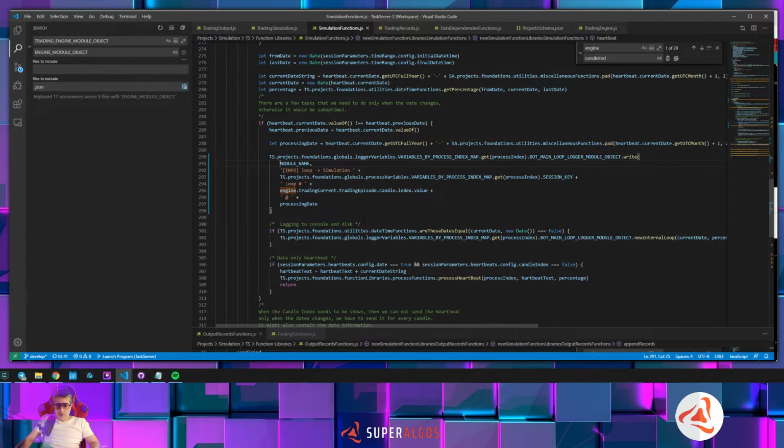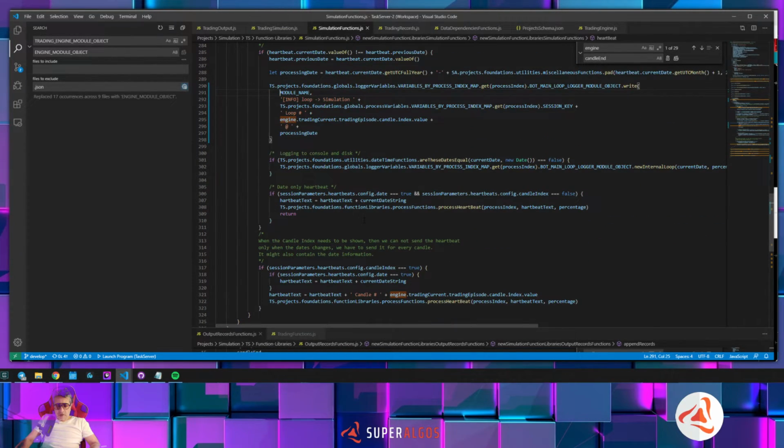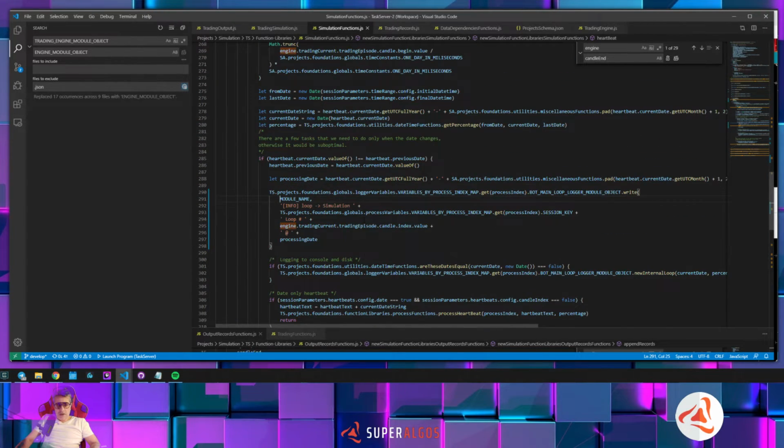Okay, so the engine, we have it at three places, all solved with the episode candle.